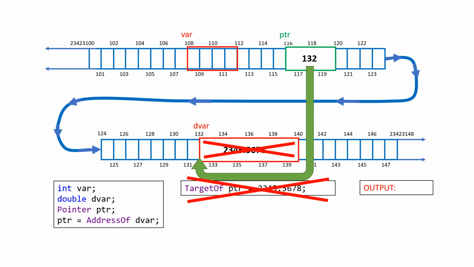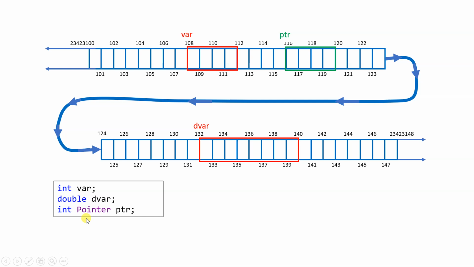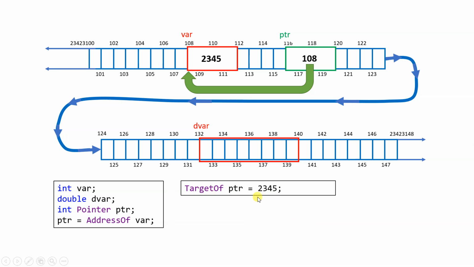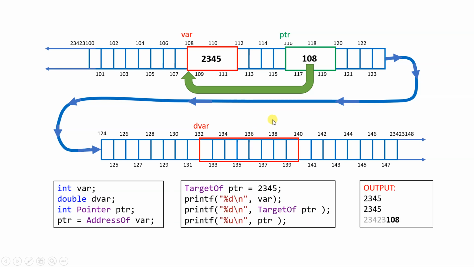To fix this problem, what can we do? Instead of just saying pointer, I can say integer pointer PTR. By saying something like that, I'm saying PTR is not only a pointer, but a pointer whose job is to only point to integers. Therefore, when I extract the address of an integer and set it, it knows what the size of the target is and puts in the proper value.